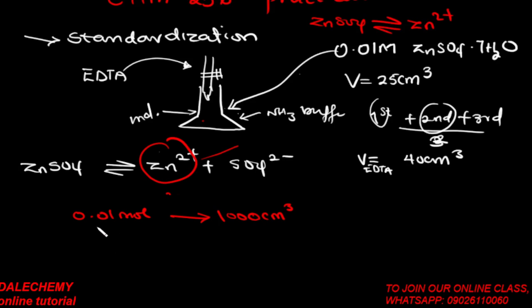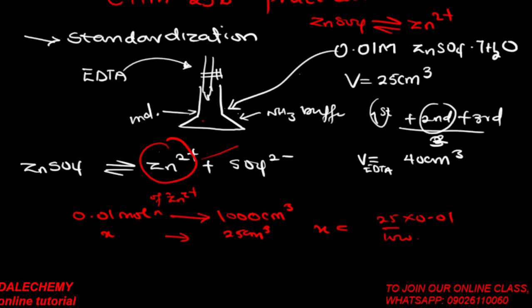So we know that 0.01 mole of zinc 2 plus is present in 1000 cm cube. Then how many mole will be present in this 25 cm cube that is reacting? That is the number of mole of zinc 2 plus that is reacting with that EDTA now, and that is going to be 25 times 0.01 over 1000.